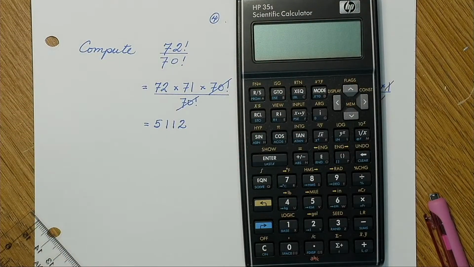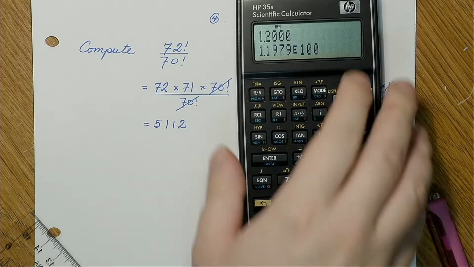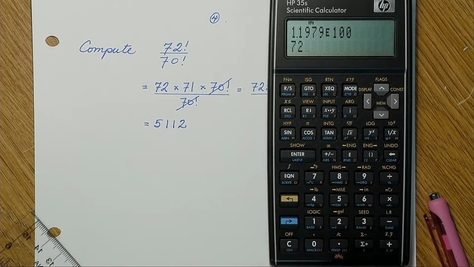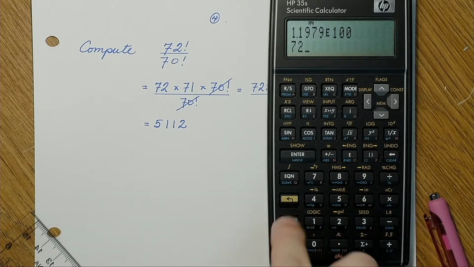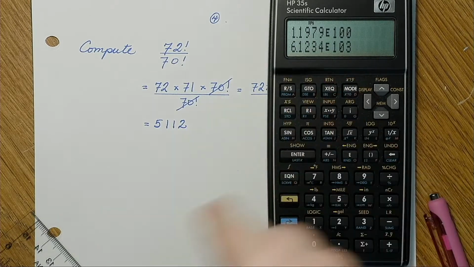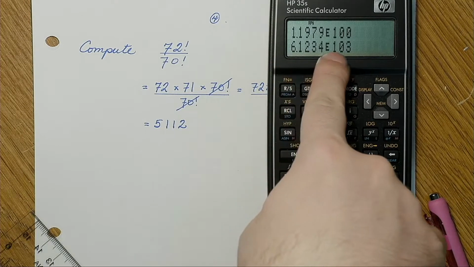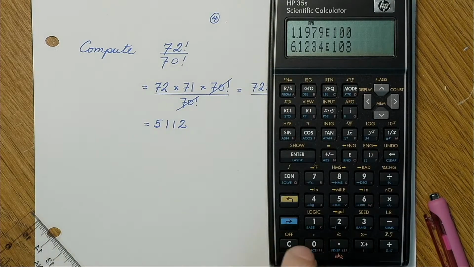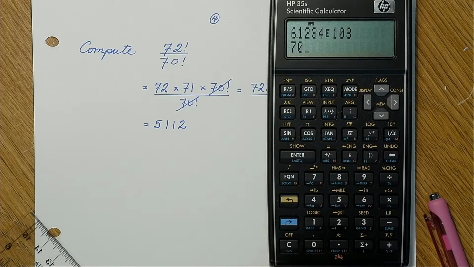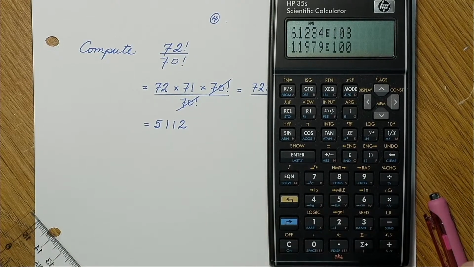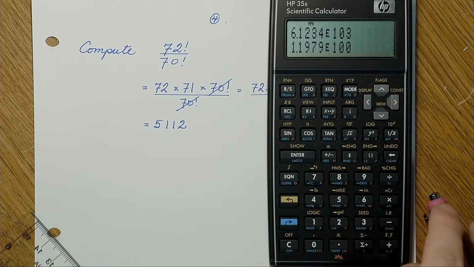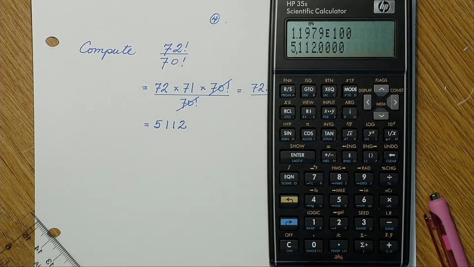So you pull out a real calculator and you go 72 factorial, and it gives me an answer of 6.12 times 10 to the 103, which is very large. And then I have my 70 factorial, which is 1.1 times 10 to the 100. Divide it, and I get my correct answer, 5,112.